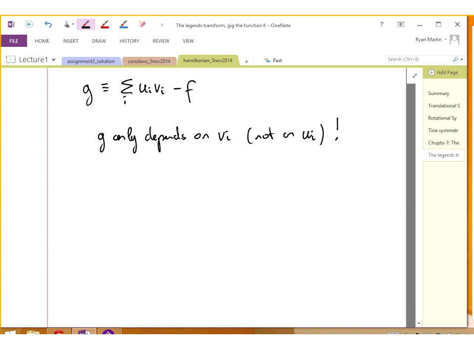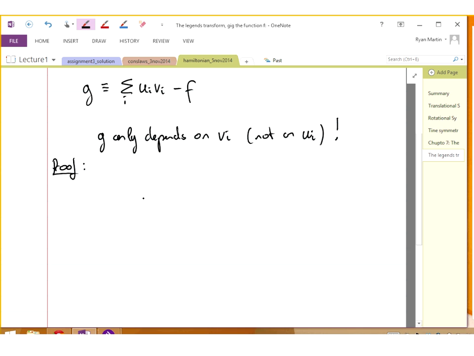All right, proof. If g doesn't depend on the u_i, if you vary the u_i, then g should not vary. So that hopefully hints that we should calculate what the variation of g is.